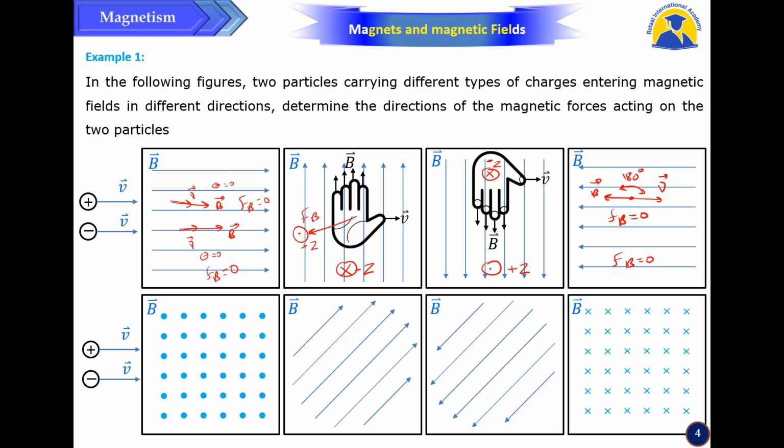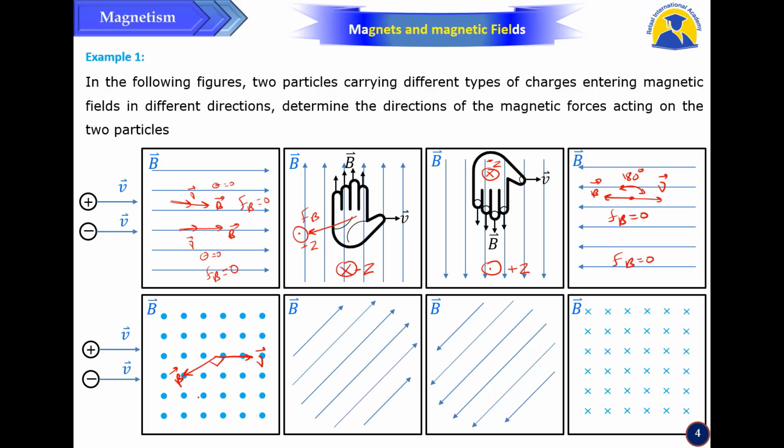Okay, for the fifth case, the direction of the magnetic field is to the positive z-axis. This one B, positive z-axis. And the direction of the velocity is to the right. So the angle between magnetic field and velocity is 90 degrees. Now we use our right hand. We follow the direction of the magnetic field with our fingers and the direction of velocity with our thumb.